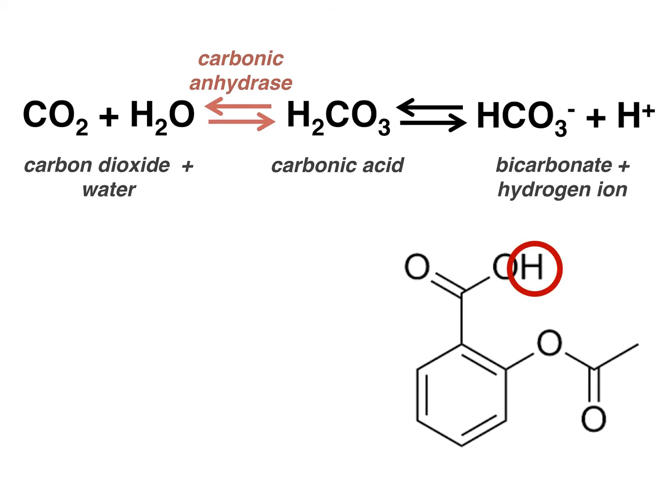And so what's going on here is aspirin right here. Here's this proton. It'll donate a proton to the blood pH, and then that will drive creation of carbonic acid and then CO2. And now maybe this is also the reason why it triggers hyperventilation, but it seems to be excessive hyperventilation.